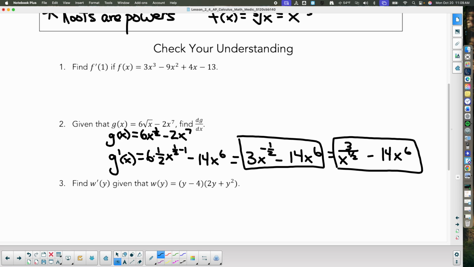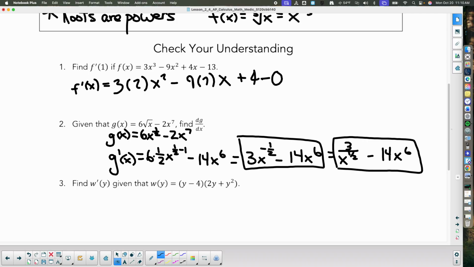Does anybody feel like they figured out number 3? Yeah? What did you do first? No, I understand you did the right idea, but it doesn't work. Correct. You have to FOIL. So for number 3, maybe I should just say that before too many people write down incorrect info.